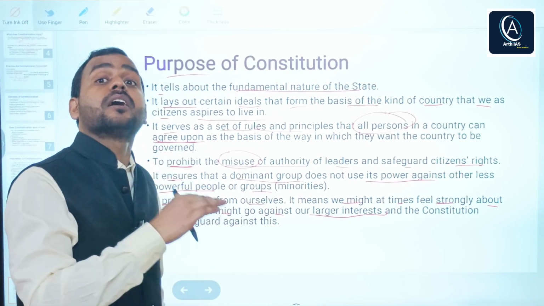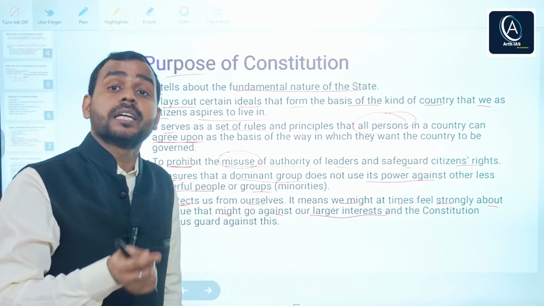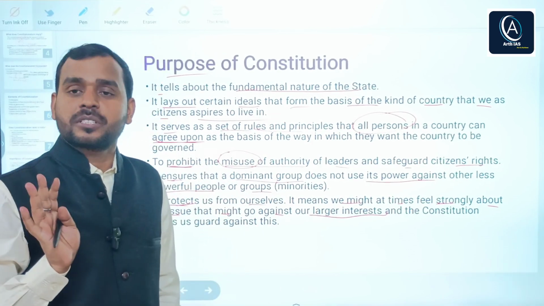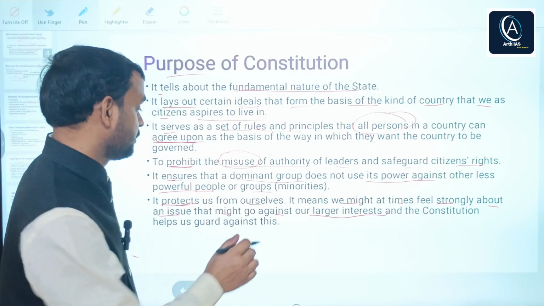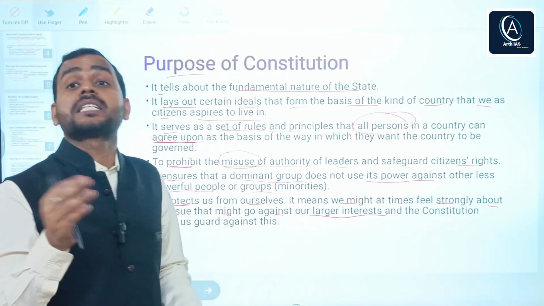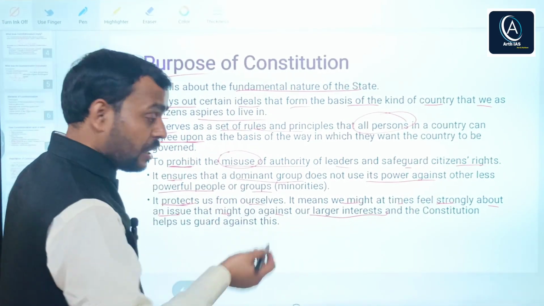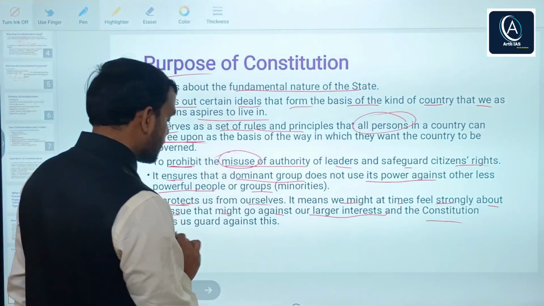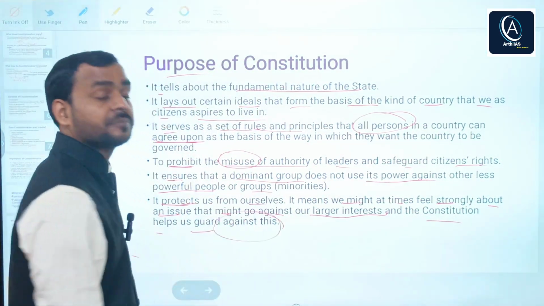Then the constitution will safeguard the rights of minorities, and our larger interest is protected. The constitution helps us guard against this.